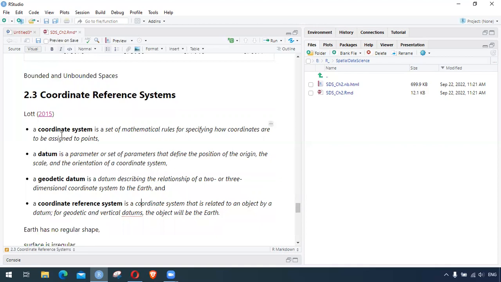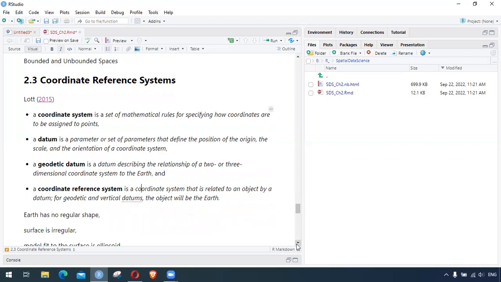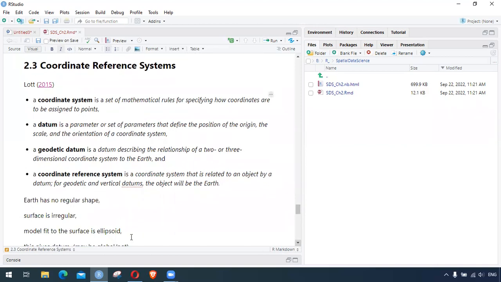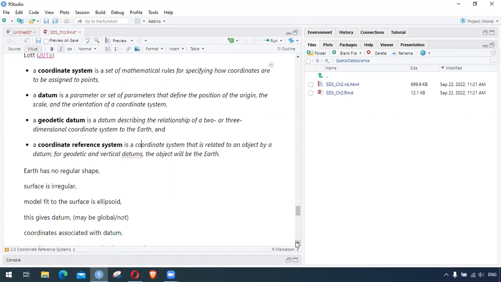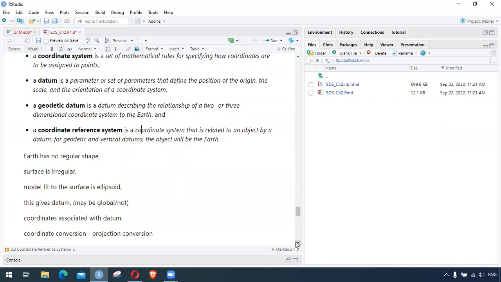So these are the main points, the main agenda of the chapter, to understand these terms. We know that the Earth is not regular, so the surface of the Earth is irregular, and the model that fits the surface is the ellipsoid, and this gives us the datum, which may be global or local.